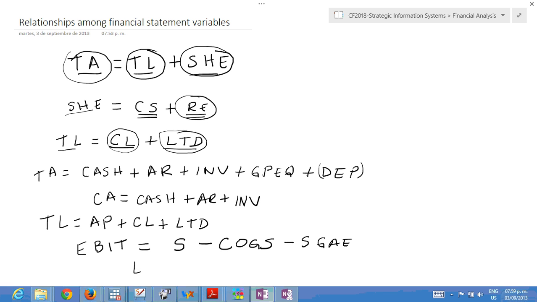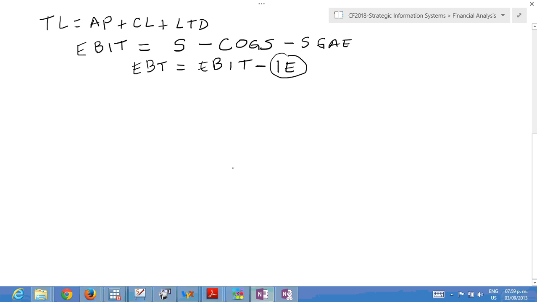Then earnings before taxes is earnings before interest and taxes minus interest expenses, which are the expenses due to specific debts that the company has with financial institutions. Then net income is equal to earnings before taxes minus taxes.